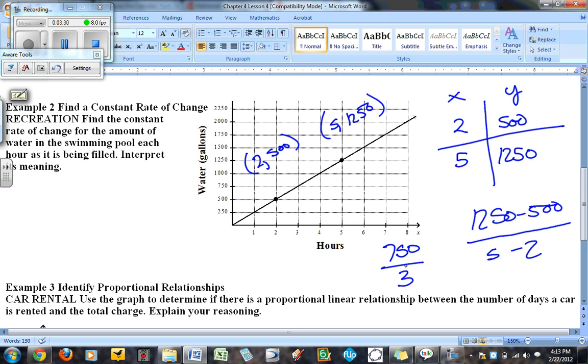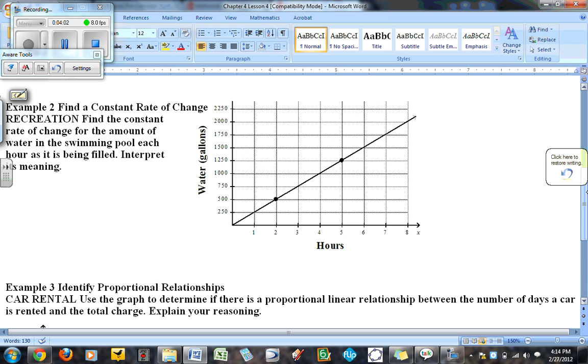Let's simplify this. 3 goes into 750 because if you add up the digits, it adds up to 12. If we take a 3 out of both, it is filling up at 250 gallons per 1 hour. It says interpret this graph's meaning. It means exactly what we just said: the swimming pool is filling up at a rate of 250 gallons per 1 hour, and it's consistently doing that.